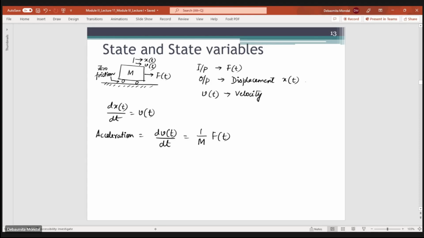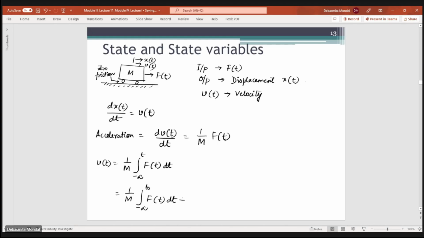From this equation, if you want to find out the value of v(t), v(t) will be nothing but 1 by m integration from minus infinity to t of f(t) dt. In other words, this is equal to the integral from minus infinity to t0 of f(t) dt, plus 1 by m integral t0 to t of f(t) dt.